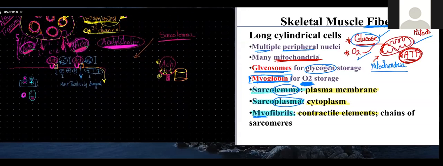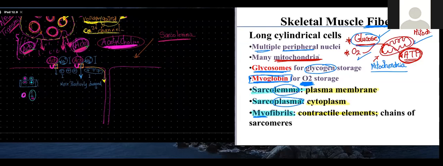All right, so now I have an electrical signal, but this time it's traveling along my sarcolemma, the plasma membrane of my muscle cell. In the sarcolemma, we've got parts of the membrane that travel to the inside of the cell, like this.